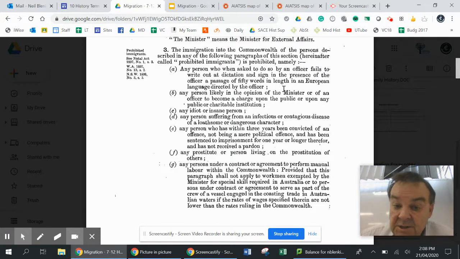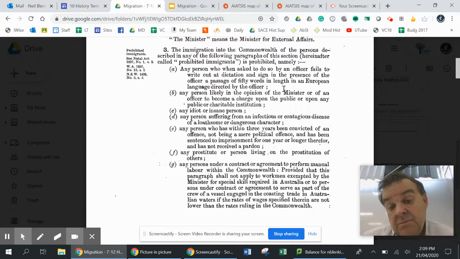So this was known as the dictation test, and an immigration officer could give someone this and they would say, right, I want you to write out 50 words, and they'd give them some text and the person would have to write that out in whatever language the migration officer told them to.